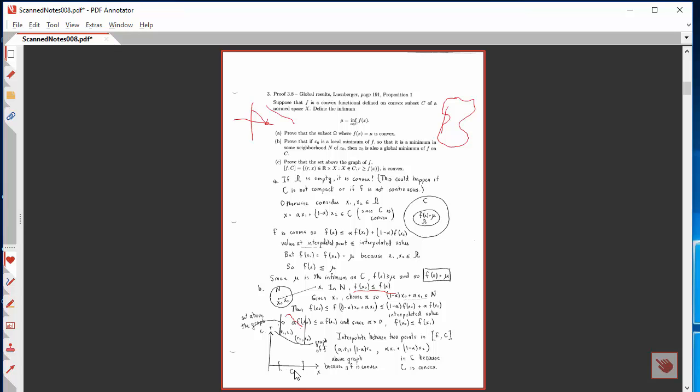Here, because C is a subinterval of the line, this is rather obvious, but the argument works when C is a convex set in a space of any number of dimensions, and therefore we know that the line segment joining 2 of these points in the set is also in the set, and the set itself is convex.